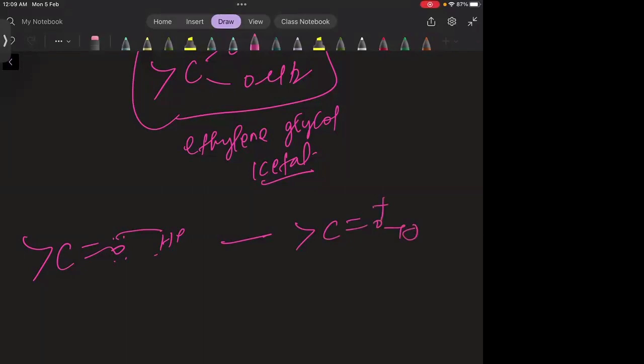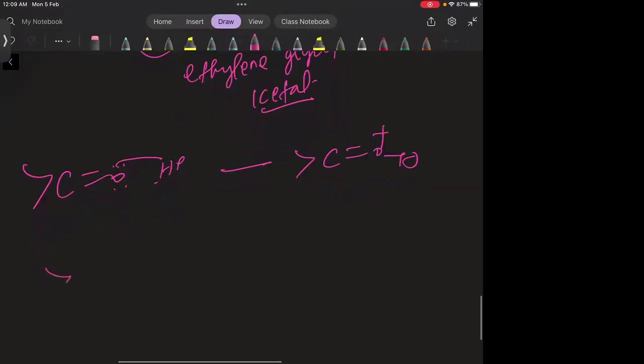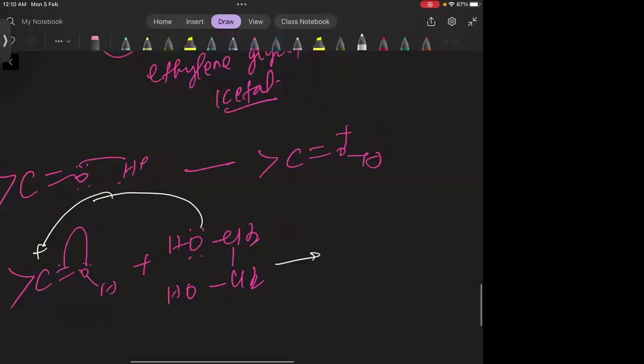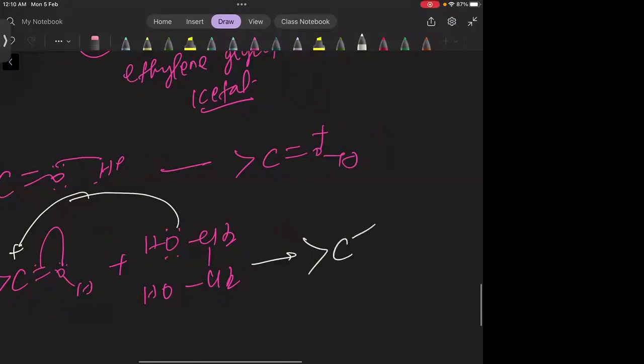That means the carbonyl compound now becomes highly electrophilic. Now, when you take the alcohol group with this highly electrophilic compound, what will happen? That lone pair will move here because it is highly electrophilic, and the carbonyl center here, it will come to the center, and it will form like that O.